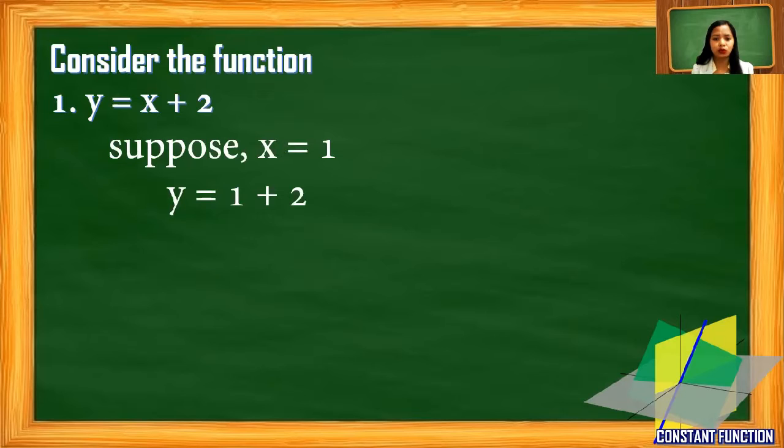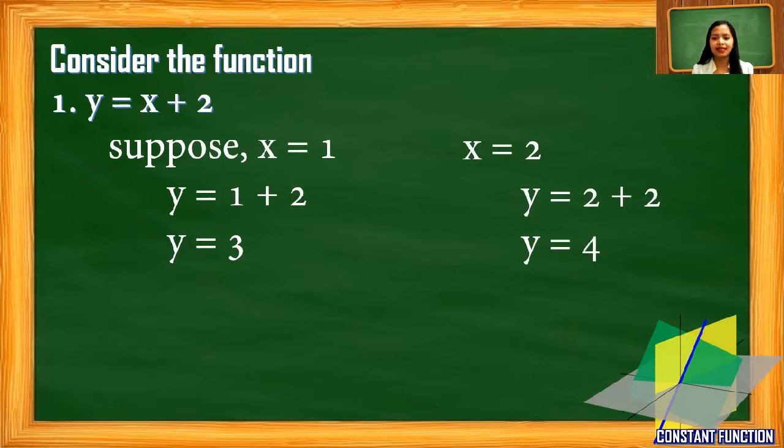So that is y = 1 + 2, and that is equal to 3. So, from that value of x, we have 3 as the value of y. Another, suppose we have the value of x equal to 2. So, y = 2 + 2, and that is y = 4.